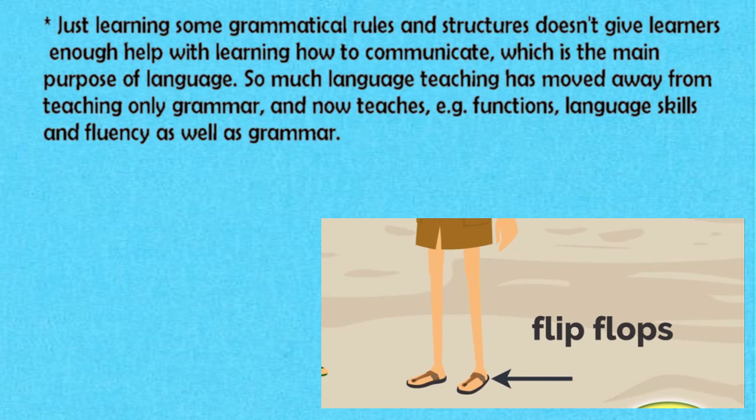Just learning some grammatical rules and structures doesn't give learners enough help with learning how to communicate, which is the main purpose of language. So, much language teaching has moved away from teaching only grammar, and now teaches, for example, functions, language skills, and fluency, as well as grammar.